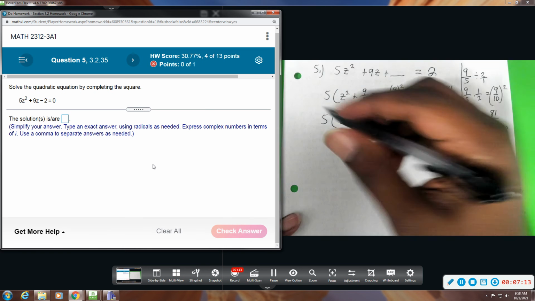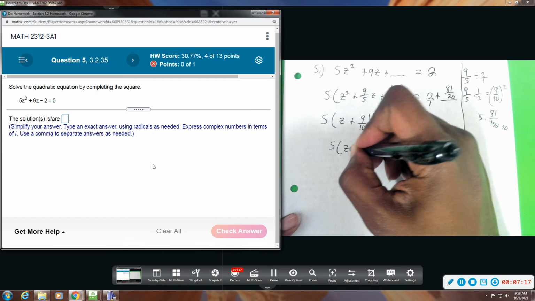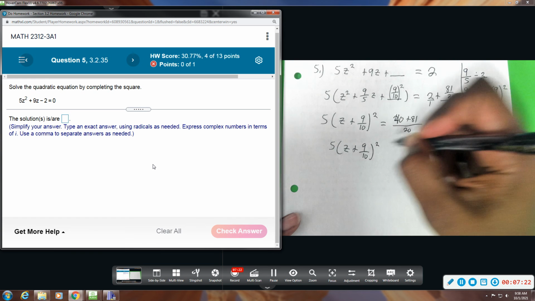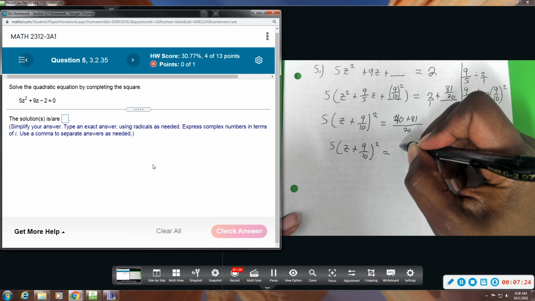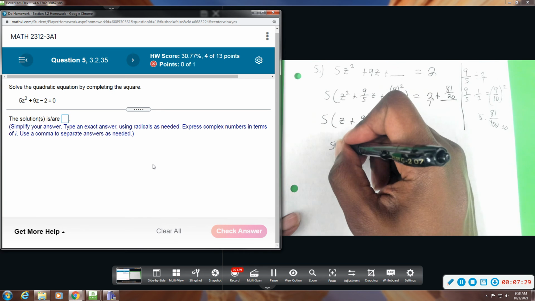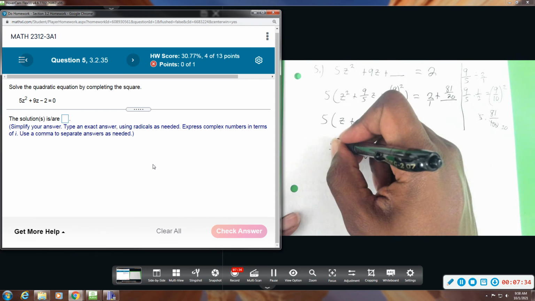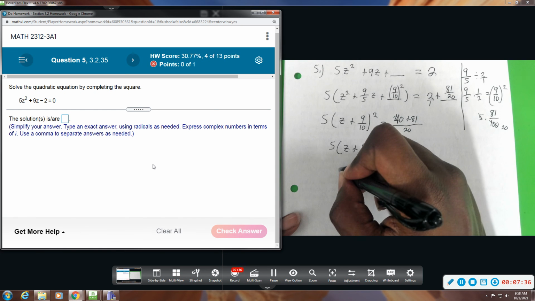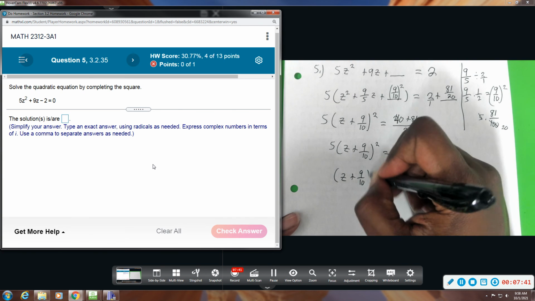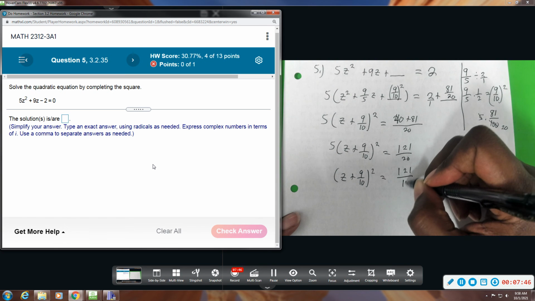Okay. Continuing, we will have 5 times z plus 9 over 10 squared, and this is equal to 121 over 20. And then we're going to divide by 5, which is going to multiply this bottom number whenever I divide by 5. So that will give me z plus 9/10 in parentheses squared equals 121 over 100.